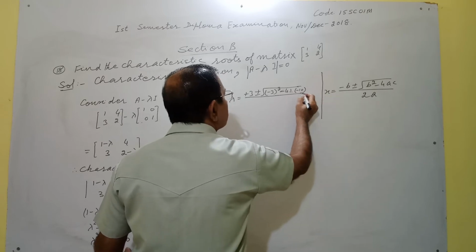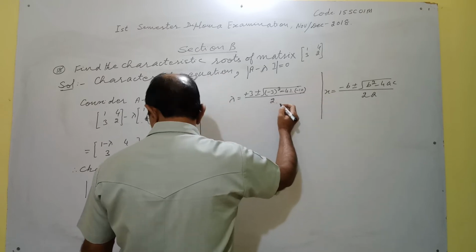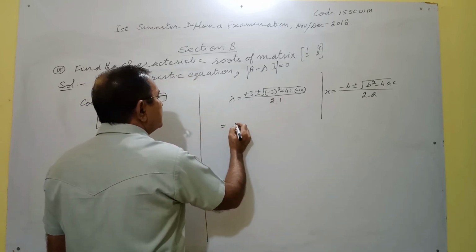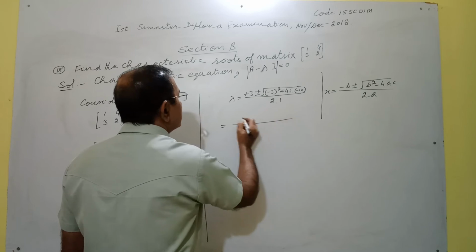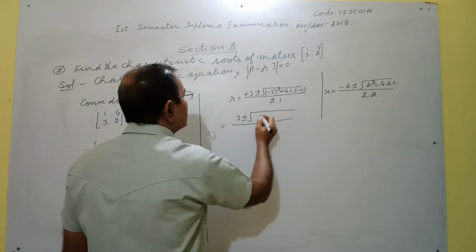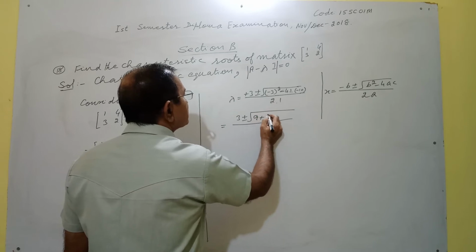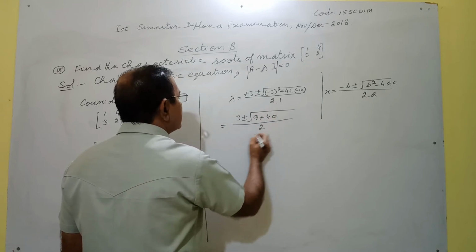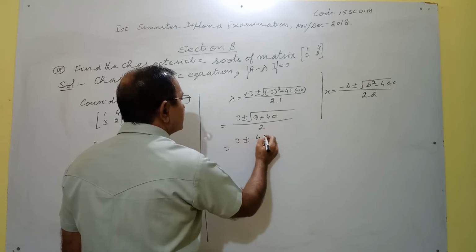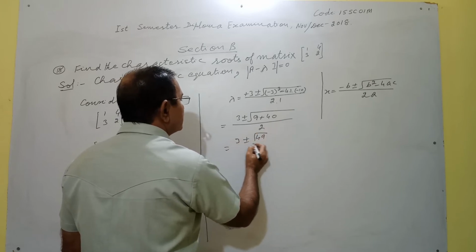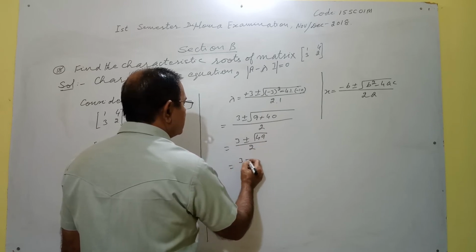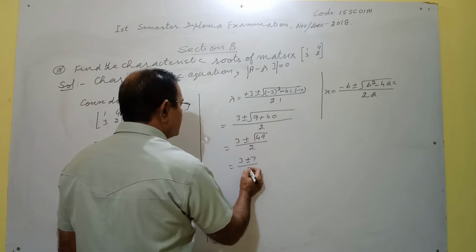So use this identity, by 2 a for 1. Thus it will come out to be 3 plus minus square root of 9 plus 40, 3 plus minus square root of 49 by 2, 3 plus minus 7 by 2.